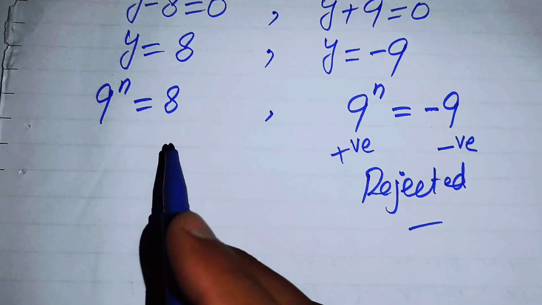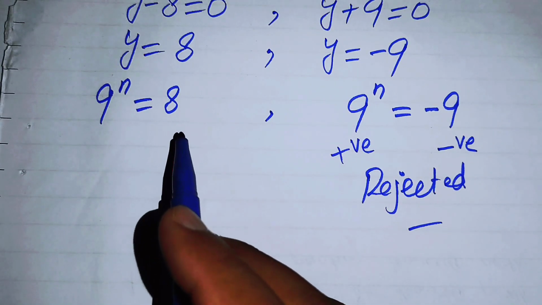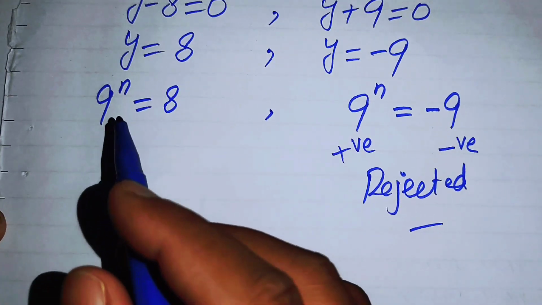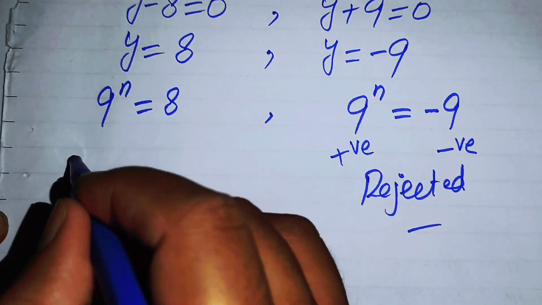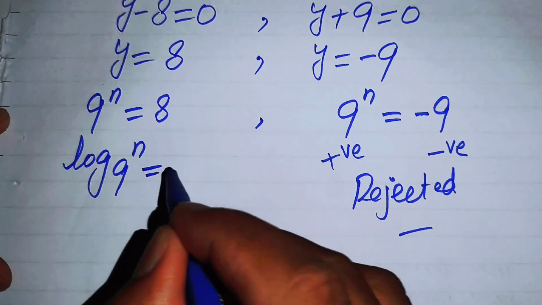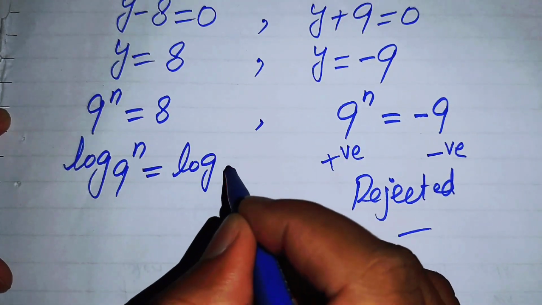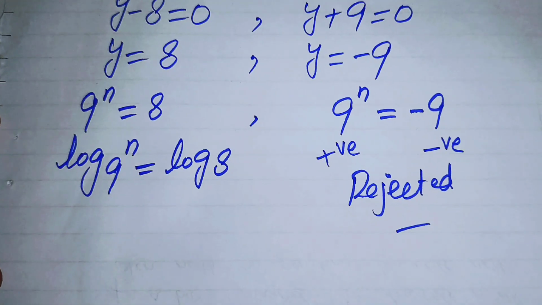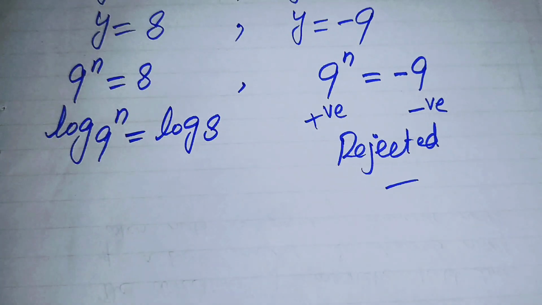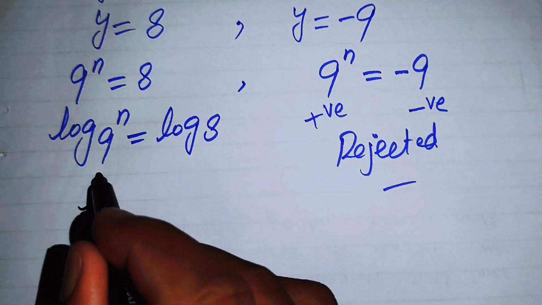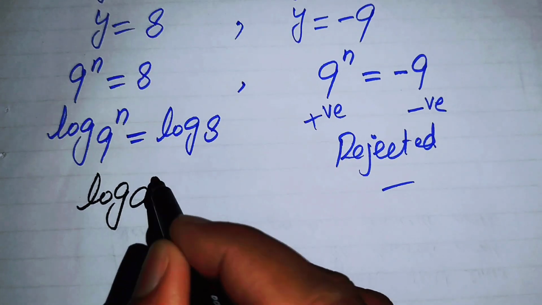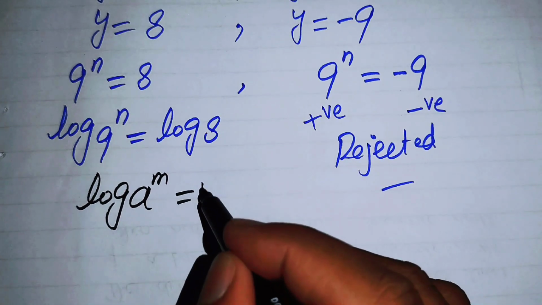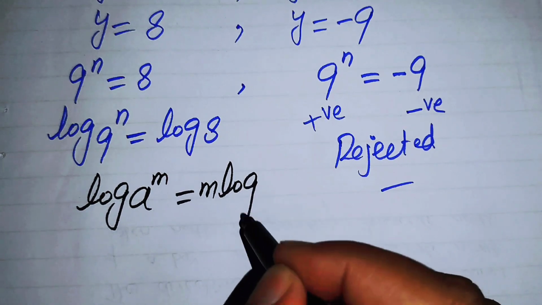Now in order to find the value of n, we need to take the log on both sides, so that you get log of 9 to the power of n is equal to log 8. Now we can use the nice property of log, and you know about this property. If we have log of a to the power of m, it is equal to m times log a.